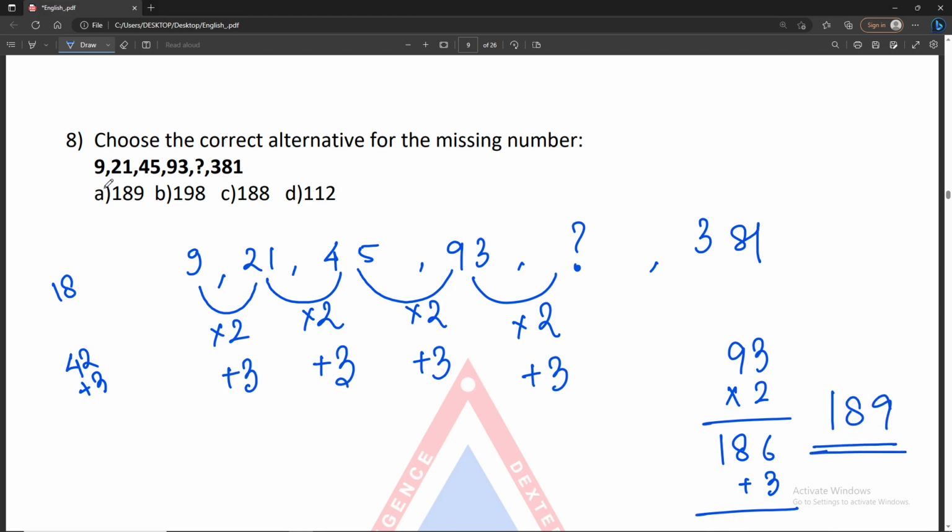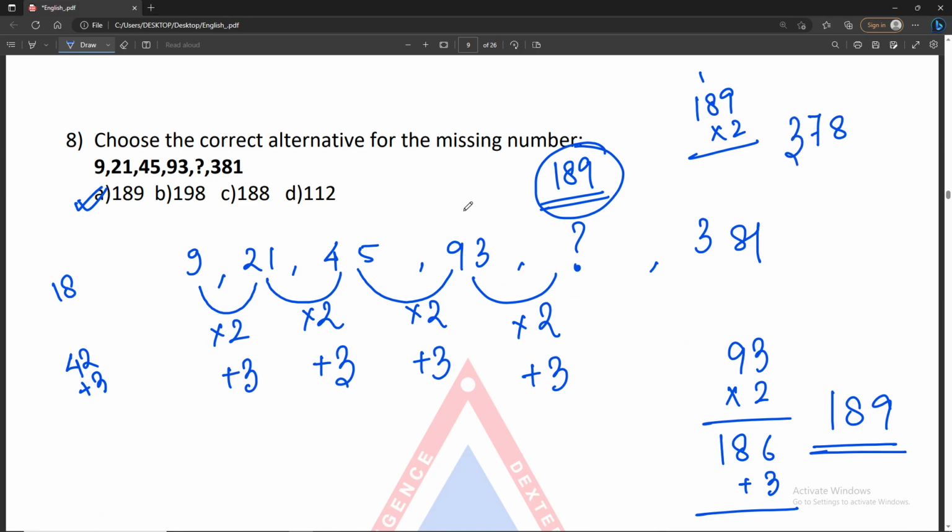So the answer for this question is 189. If you want to recheck it, 189 times 2 is 378, and 378 plus 3 is 381. See, 381 is there. So the answer is 189.